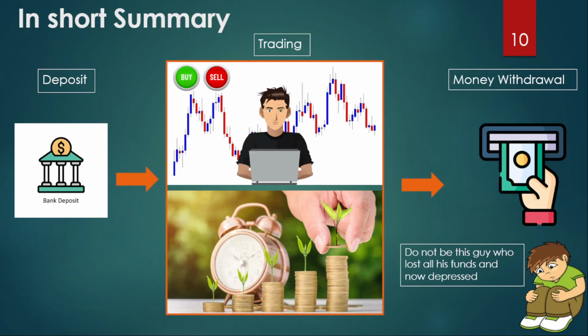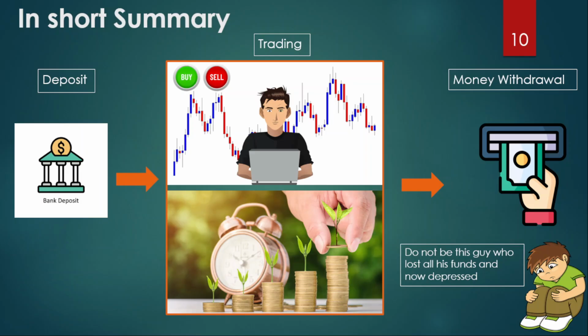In the case of you making a profit, you will move your money back to your bank account from your broker's trading account. You deposit money into your bank account, then you upload that money into your broker's trading account.